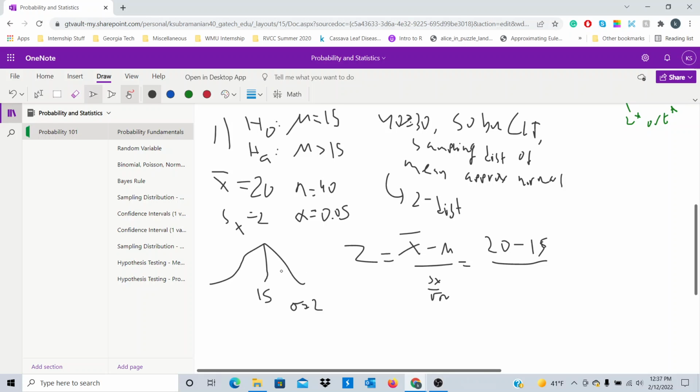So we want to find where 20 lies in this distribution. So 20 is going to be right here, somewhere. That's why we have 20 minus 15 in the numerator. The sample standard deviation is going to be 2, and the sample size is 40, so we're going to have this. So our z-score that we're going to use is approximately, let me punch this into my calculator real quick.